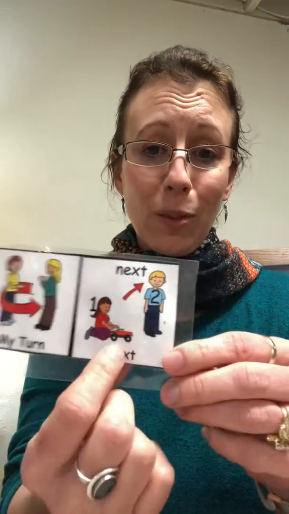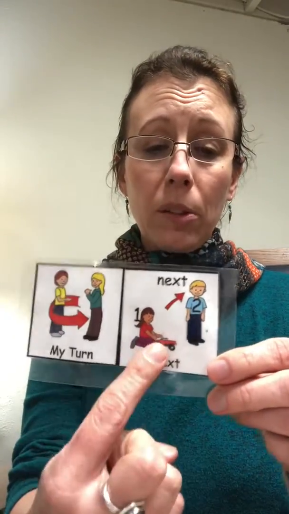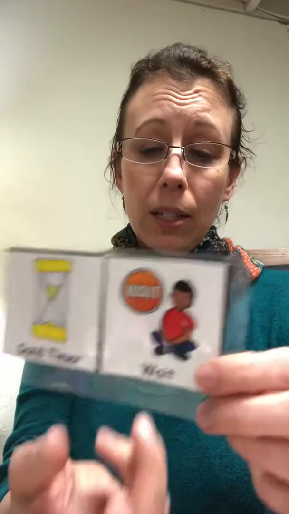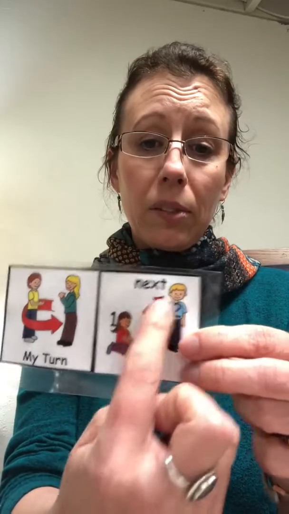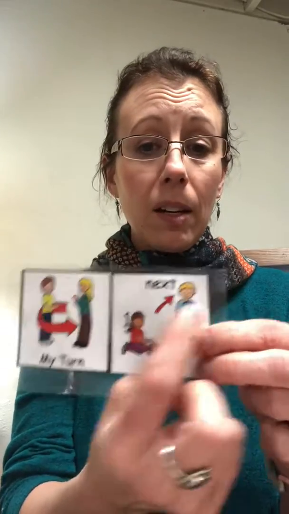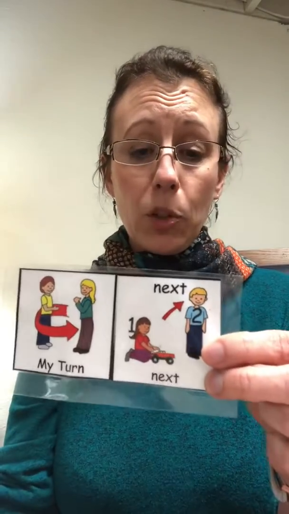Okay, you might have to do my turn, your turn, but it would be nice to also teach first and next, and especially if you pair it up with something, a symbol that shows when you're waiting with a sand timer that it's somebody's turn and then somebody else is next. Okay, it's a nice temporal concept to teach too.